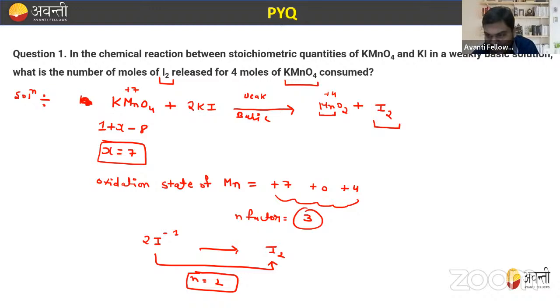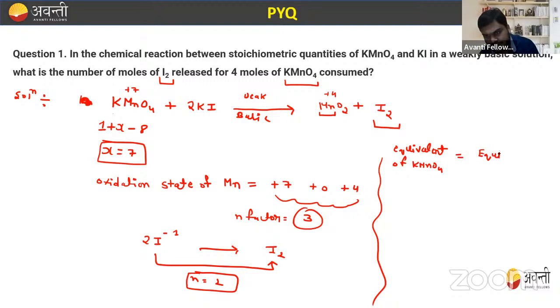Now, by the law of equivalent concept, we know that equivalents of reactant equal equivalents of product. So the equivalents of KMnO4 equal the equivalents of I2.